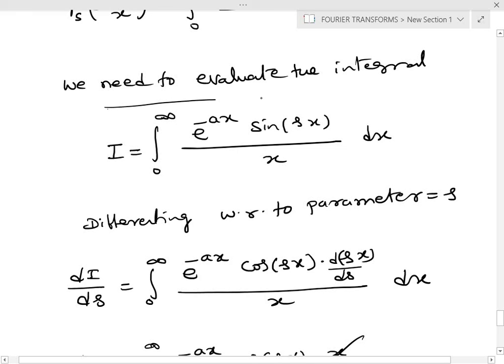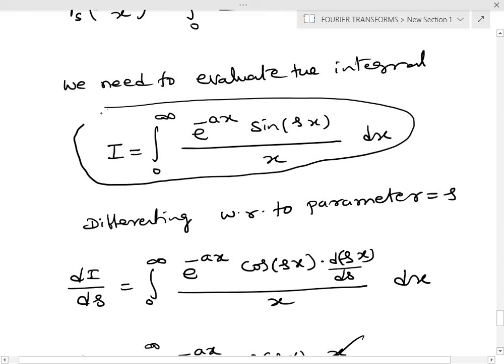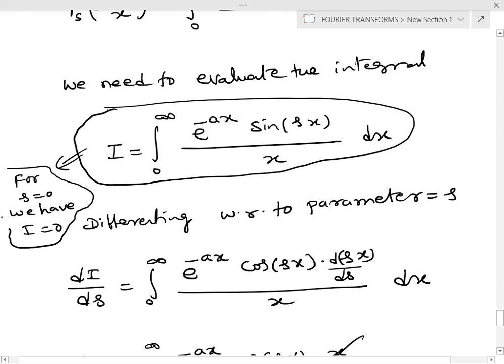When I substitute s equal to 0 here, sin of s x with s equal to 0, sin 0 will be 0. So for s equal to 0, we have I equal to 0. This is an important conclusion here.